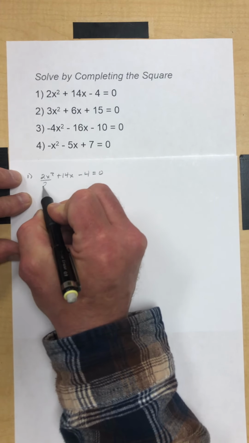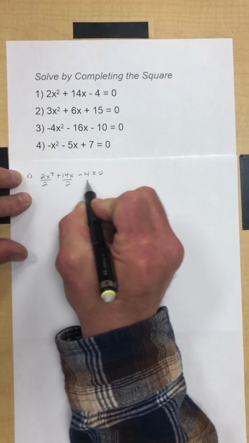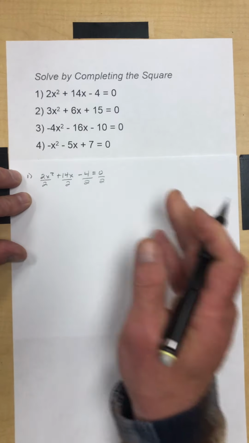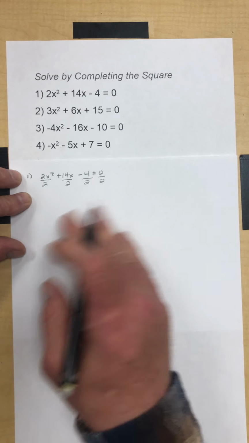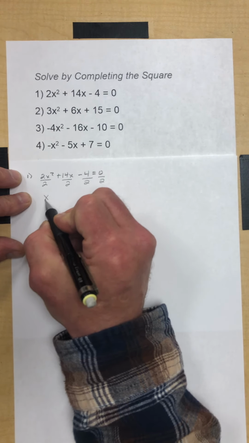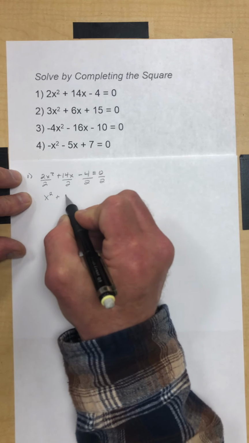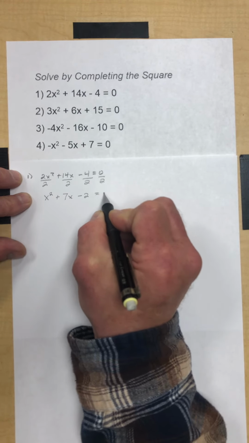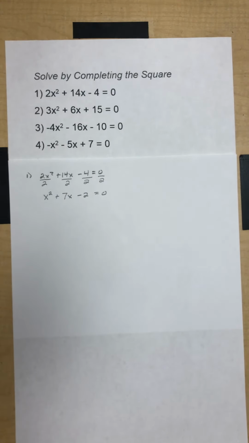So if I divide this by 2, I have to divide everything by 2 all the way across. Once again, I can apply the division property of equality here because I am solving an equation. So this ends up giving me x squared plus 7x minus 2 equals 0. Now we can solve by completing the square.